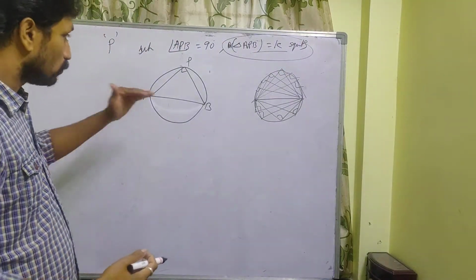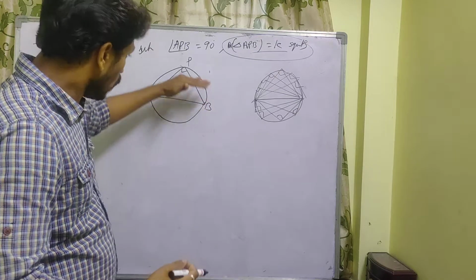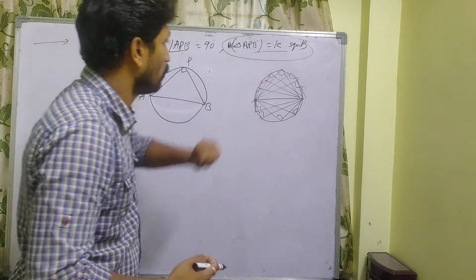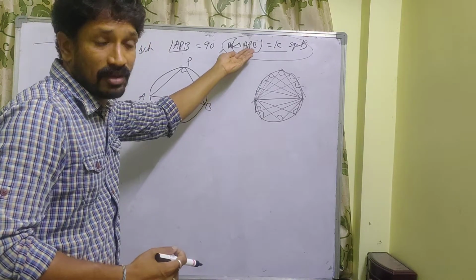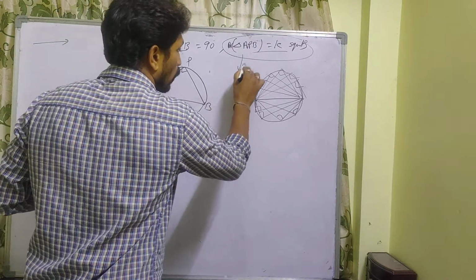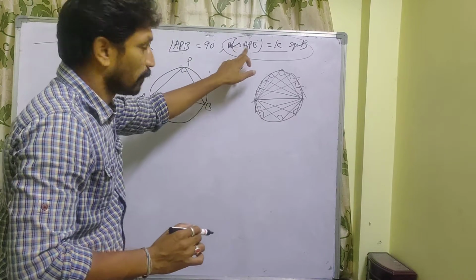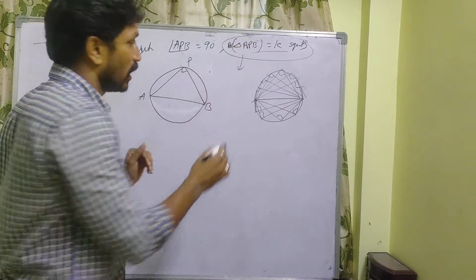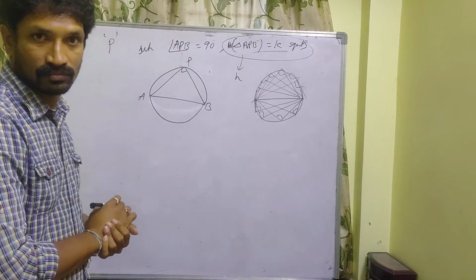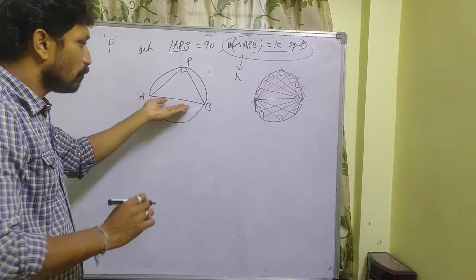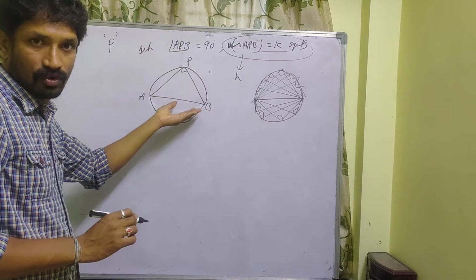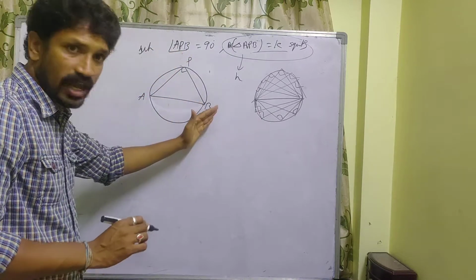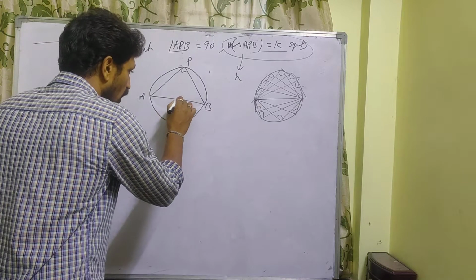So come to this point here. Angle APB is equal to 90 degrees and the area of triangle APB is equal to K. Area of triangle APB equal to K means we can conclude one thing. First we have to find the height of this triangle, H. If you know points A and B, they may give you A and B points, we can find the radius of this.